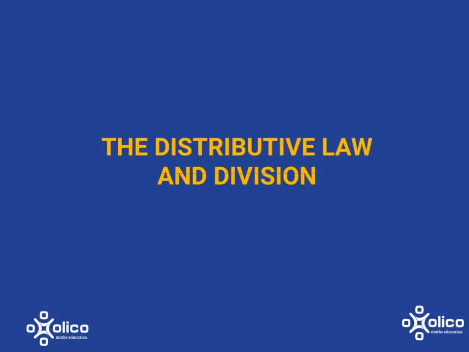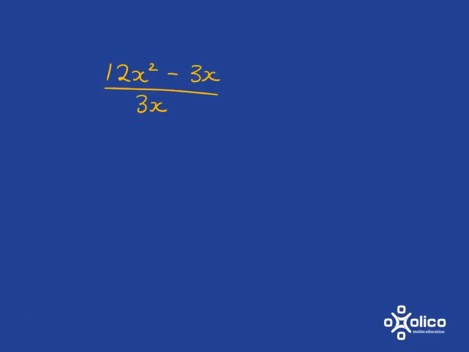Let's look at the distributive law with division. When we're faced with something like this, and asked to simplify it, it's very tempting just to cancel the 3x with the 3x. But just like we saw, for example, when we had something like 5 times x plus 2, that we had to distribute the 5 to both of the terms in the bracket, it's exactly the same here, that this 3x has to divide into the 12x squared and also into the 3x.